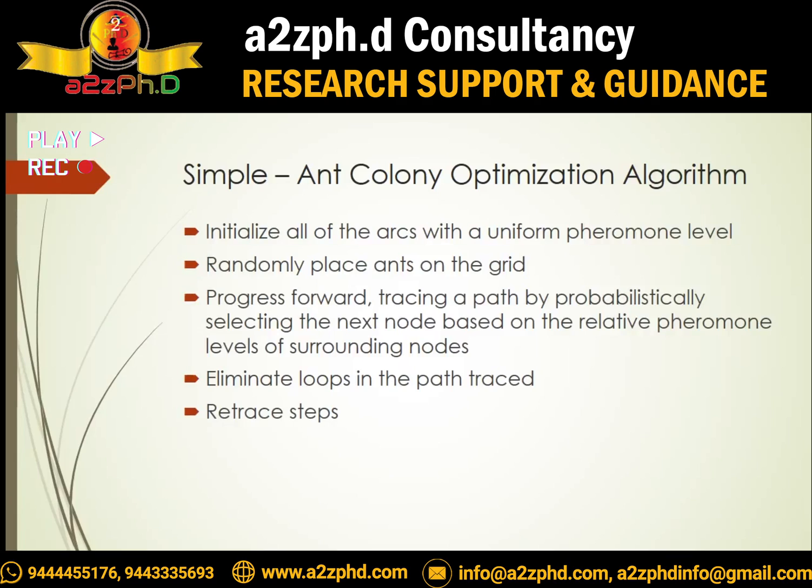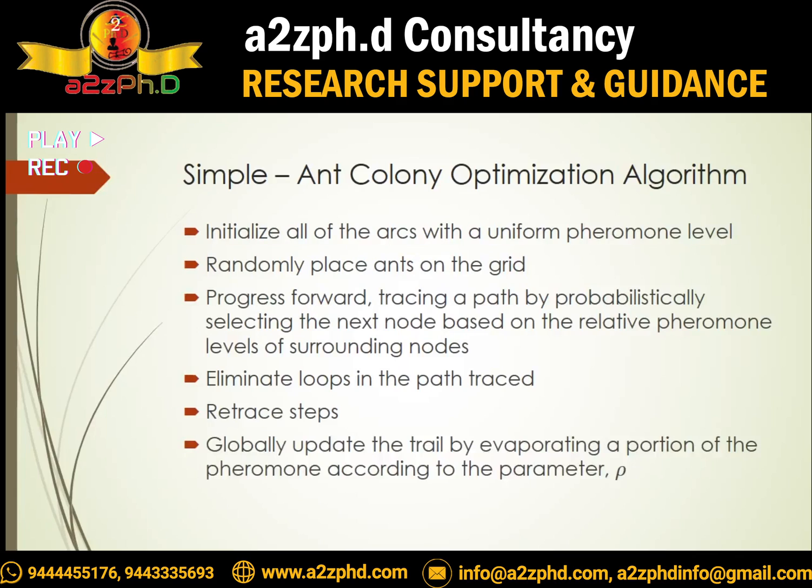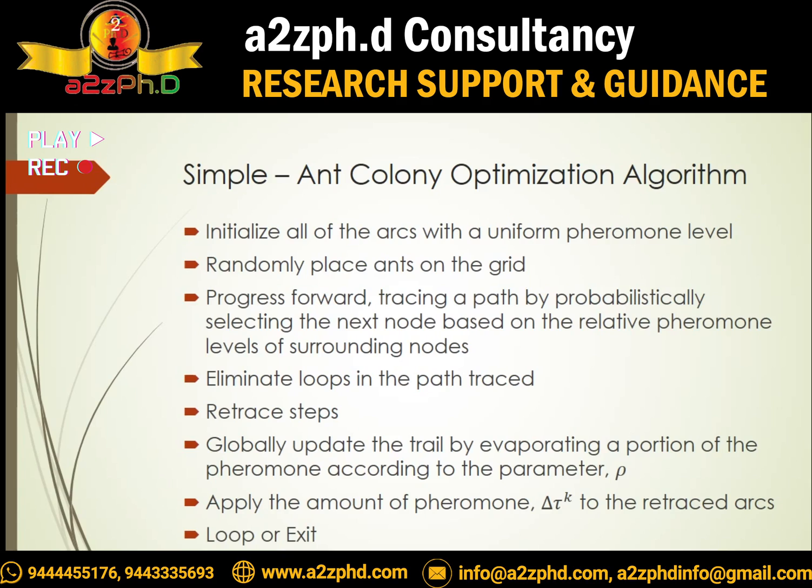The ant then retraces its steps. The global trail can then be updated by evaporating a portion according to the parameter rho. An amount of pheromone, delta tau k, is then applied to the retraced arcs, and delta tau k is equal to the inverse of the length of the path that ant K took. This can then either be looped again, or the routine can be exited.